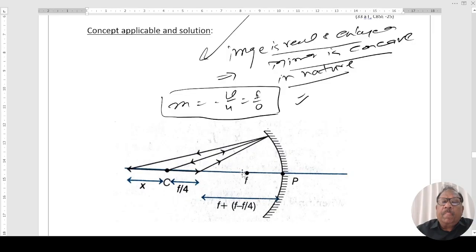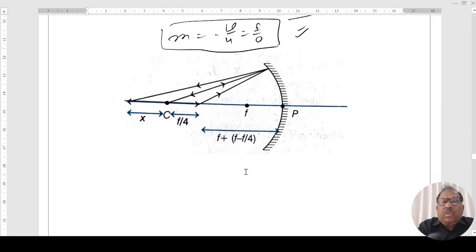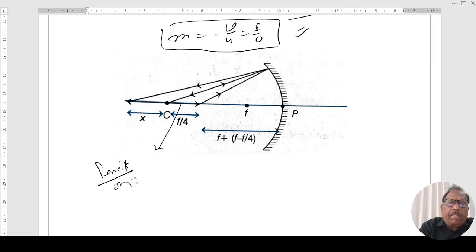Now the formula. In this case, this is the pencil, the object, and this is the image of the pencil. This is our mirror, a concave mirror.